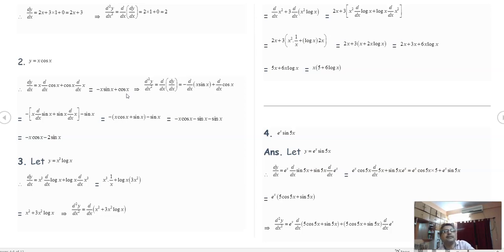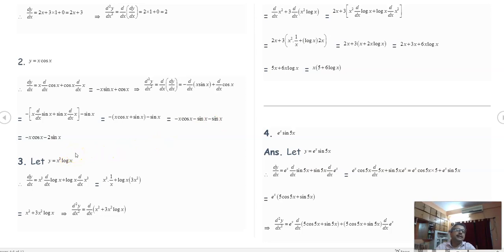If you differentiate once more, I have to apply the product rule again on x sin x. So x into the derivative of sin x plus sin x into the derivative of x, and the derivative of cos x, minus sin x, is coming. So finally you get minus x cos x minus sin x minus sin x.